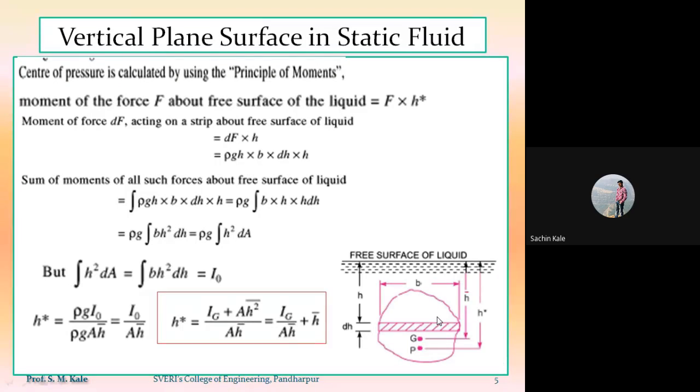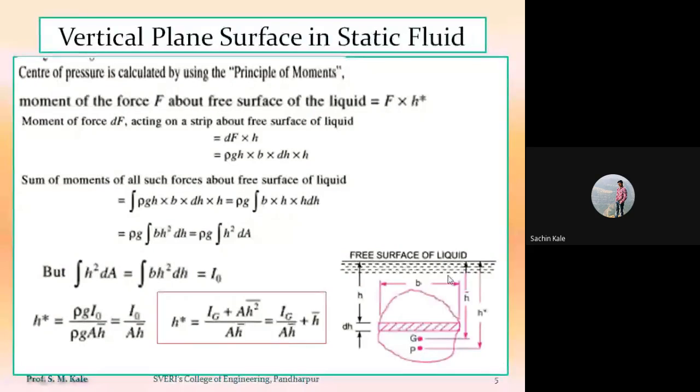That is the first conclusion. Second conclusion: the value of h star depends only on three parameters. The first is Ig, the second is the area, and the third is h bar.